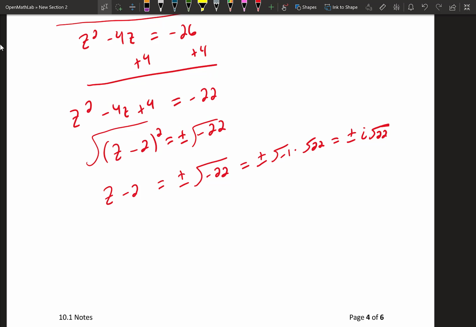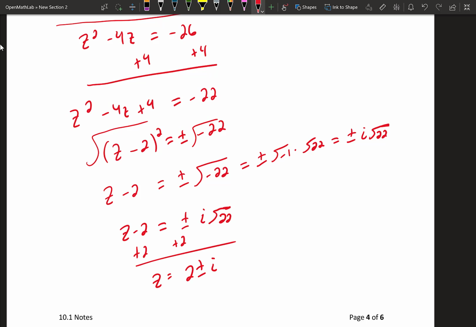So z minus 2 equals plus or minus i times radical 22. Then I can add 2 to both sides. What I get is z equals 2 plus or minus i radical 22. So those are the values in my solution set.